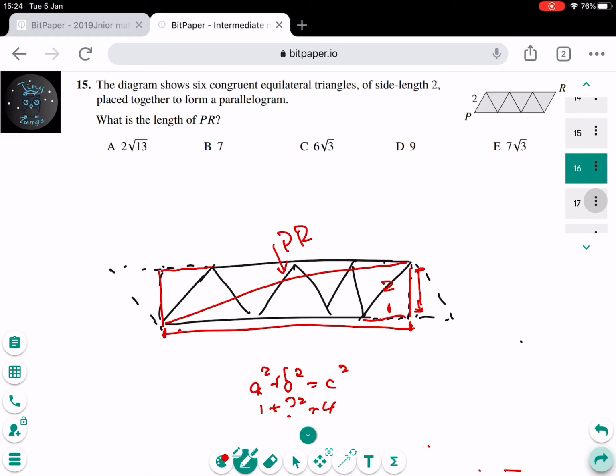So something squared needs to be 3, so 4 minus 1 equals 3, which equals something squared. So something equals the square root of 3. So the square root of 3 is this height.